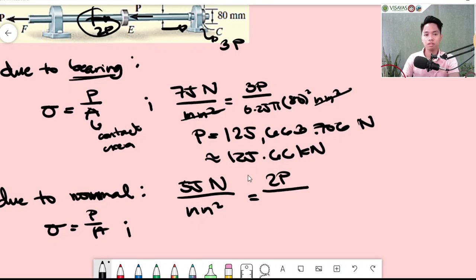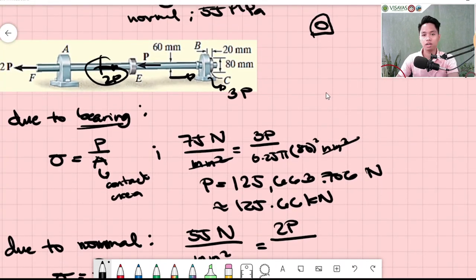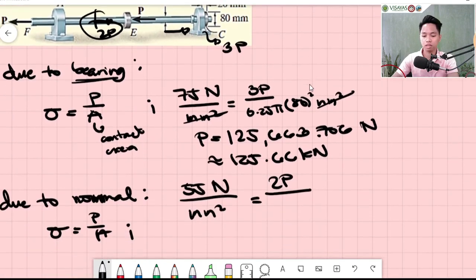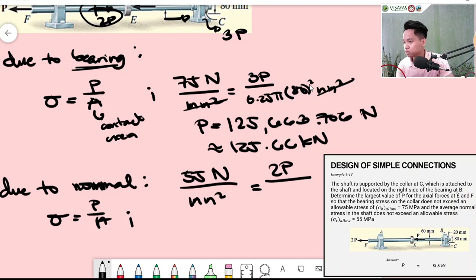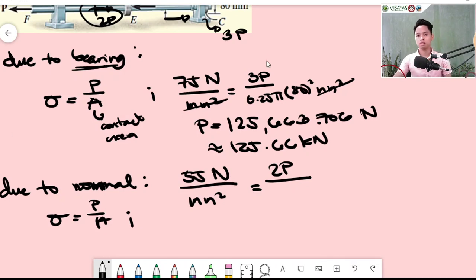The area would be, what is the area of our shaft? What is given? The given diameter is 60 mm.